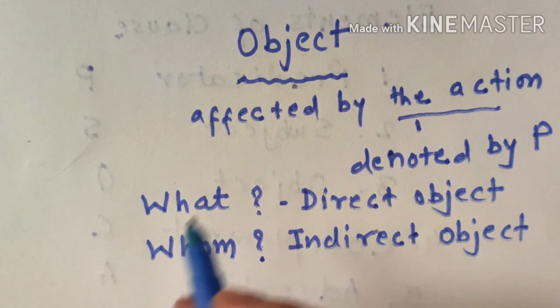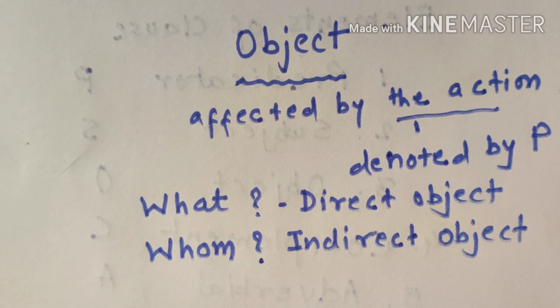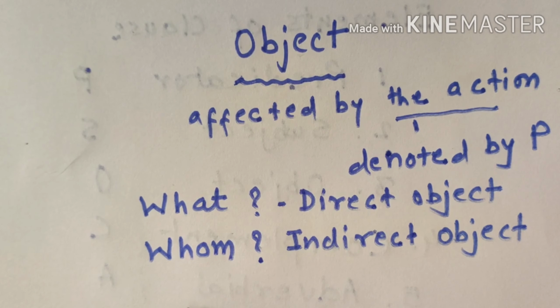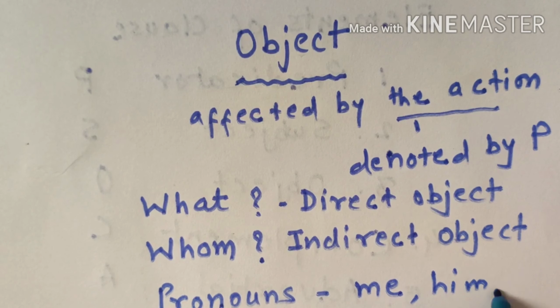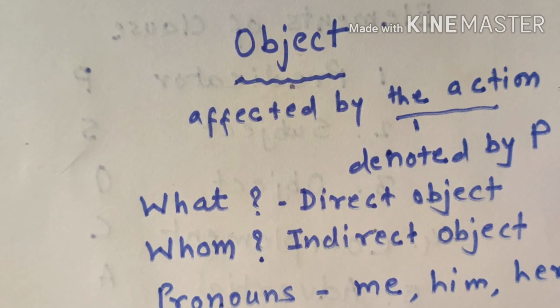Now what can be the object, means what kind of words can be the object? Object can be pronouns like me, him, her, them, etc. And that can also be nouns.